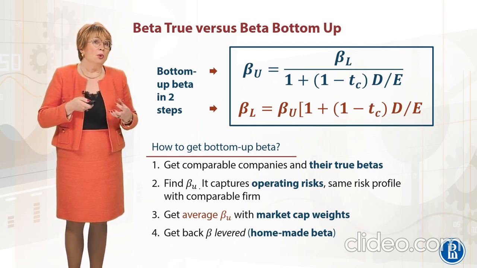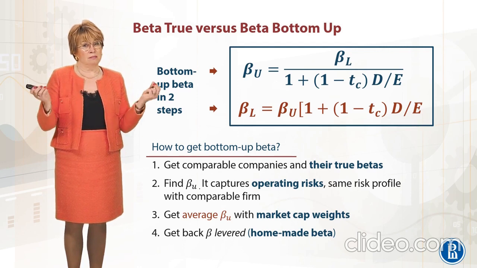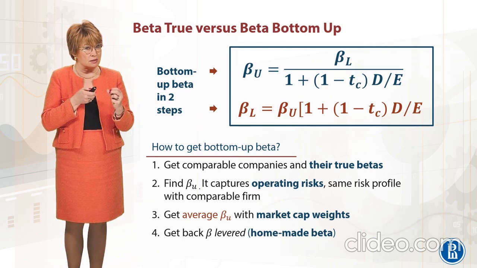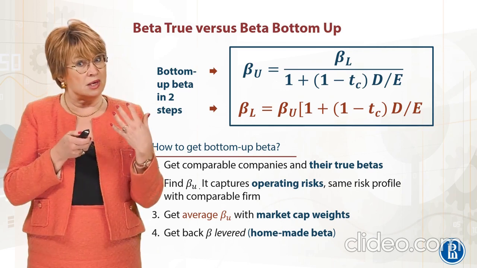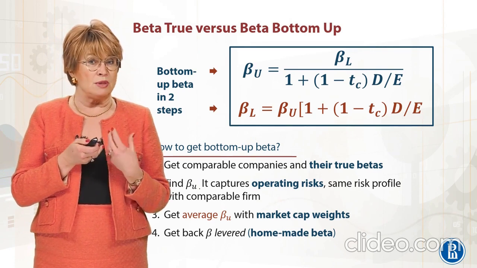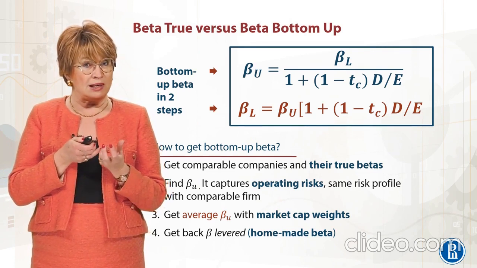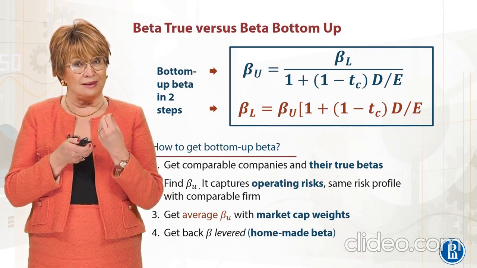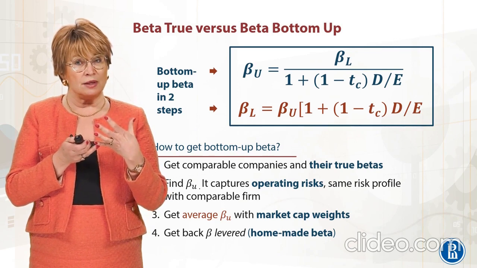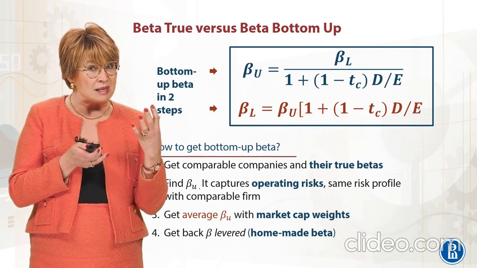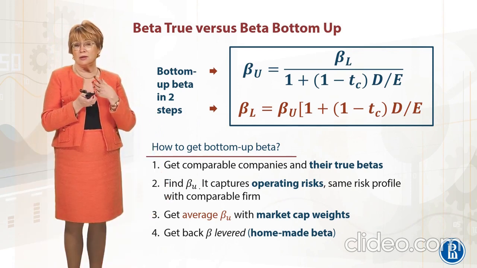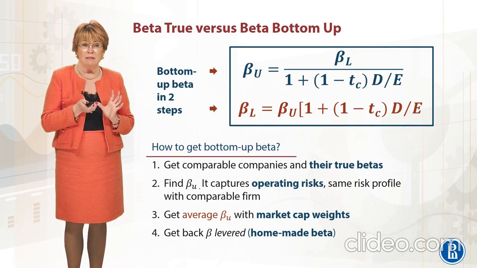Why is it called bottom up? Because we started with the betas of companies which are comparable to the target one. So there was some reason why we didn't use the beta of the target company. What could be the reasons? Maybe this is a publicly traded company, I mean the target company, but we are now in a process where that company is changing its profile principally and is going to be changed in many different dimensions.